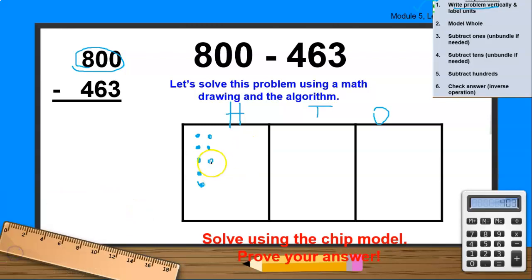Automatically, I don't have any 1s and 10s. I cross out 100 and I give them 10 10s. 1, 2, 3, 4, 5, 6, 7, 8, 9, 10. But I have to unbundle because I need to get 1s. So I go 1, 2, 3, 4, 5, 6, 7, 8, 9, and 10.